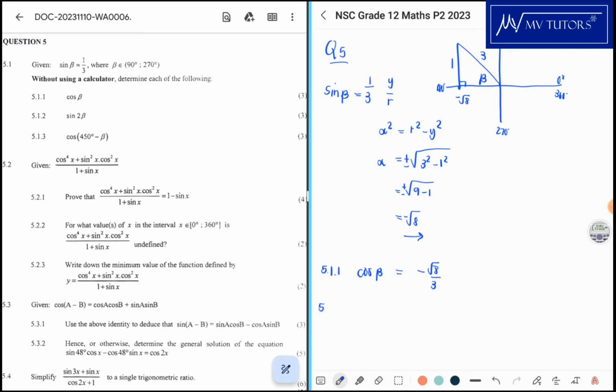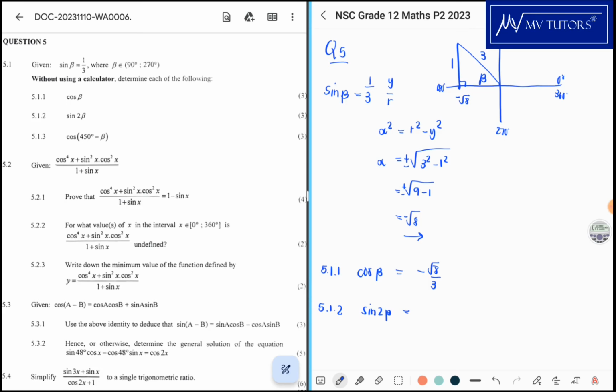And then we have 5.1.2. Now I have sine 2 beta. I have a double angle, and I don't have a double angle on my triangle. So I need to now transform it to single angles, if there's ever such a way to say it.